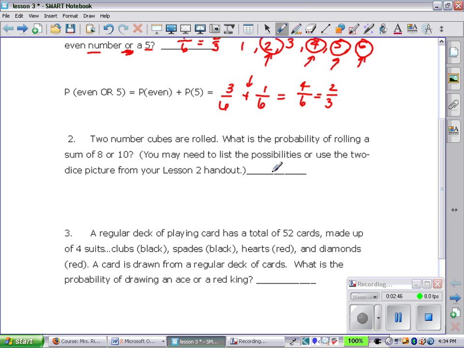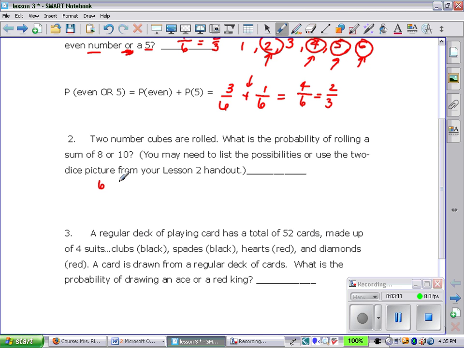Let's go down to number 2. 2 number cubes are rolled, so we're going to roll 2 dice at the same time. What's the probability of rolling a sum of 8 or 10? It says you may need to list the possibilities or use the 2 dice picture from your lesson 2 handout. If you go back and look at those, you've got the dice all laid out and you can just count up how many there are. Let's just go with a sum of 8.